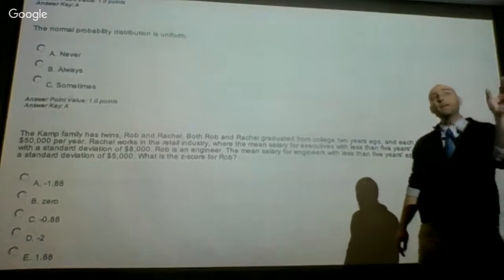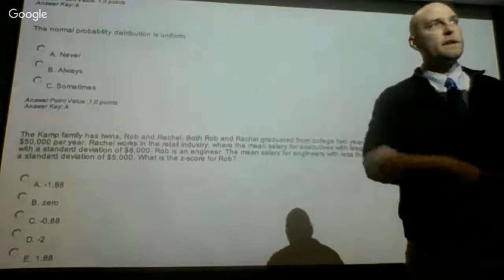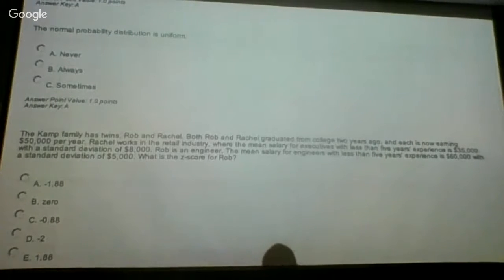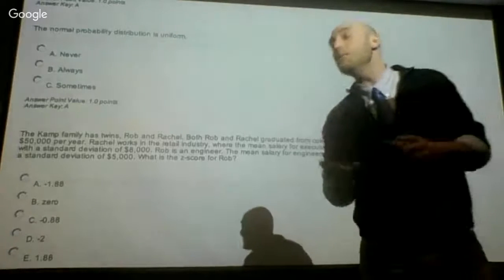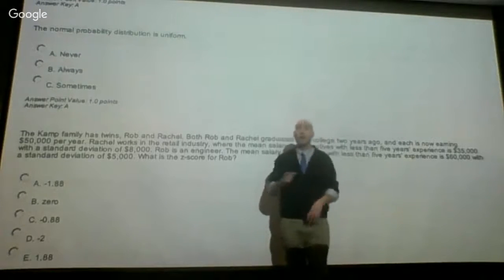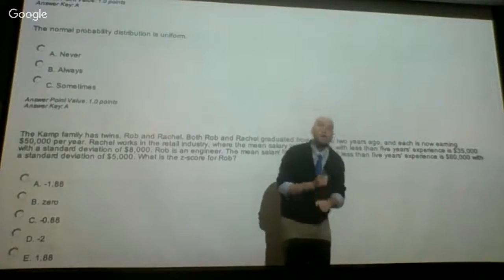If I say, based on a sample of executives with less than 5 years experience, the mean is $35,000, what symbol would you use for the mean? Joe? X bar. X bar. And that's how you should read these problems.